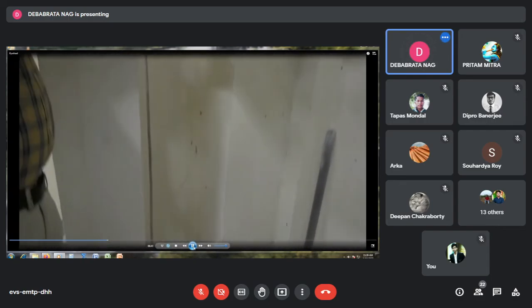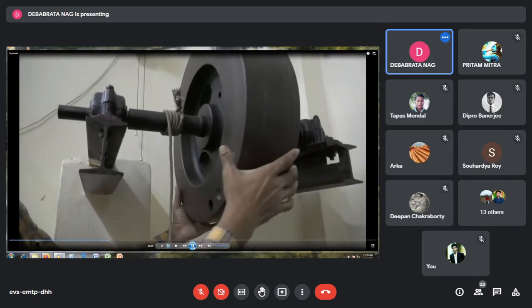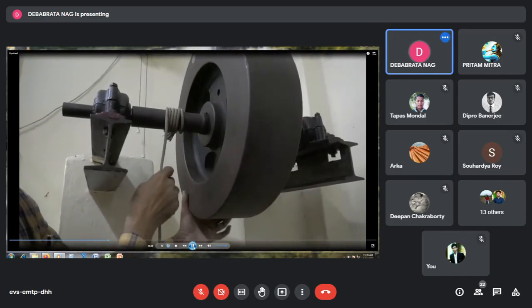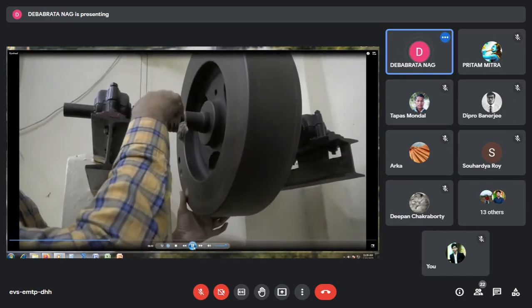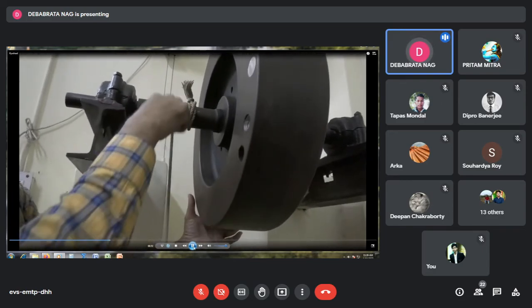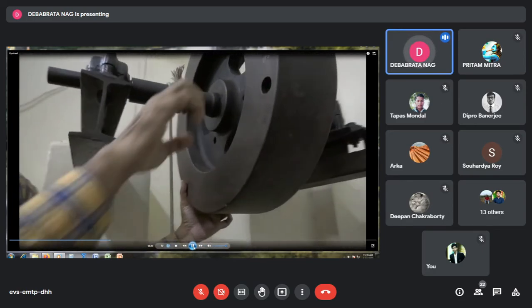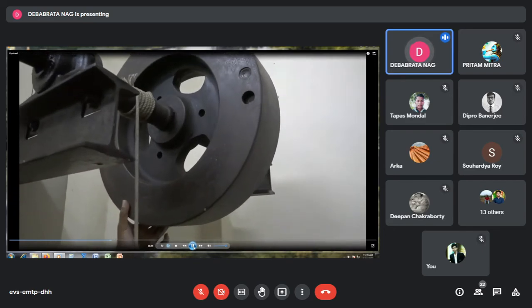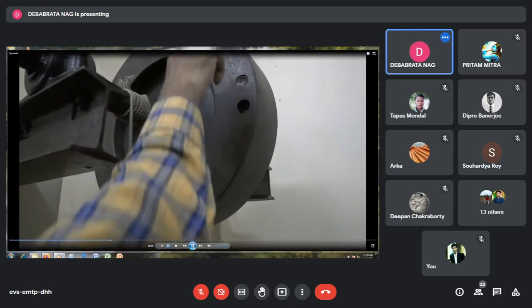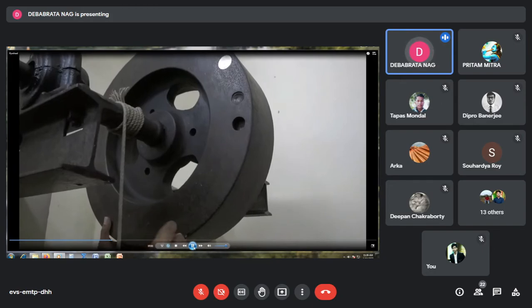On the ground. Now, with this arrangement of the wire, the tension acts in this direction, so when we release this weight, the system will rotate in the clockwise direction.